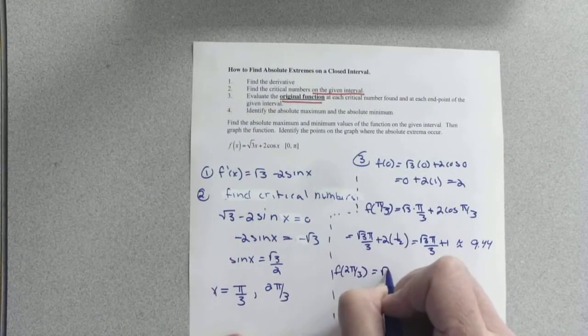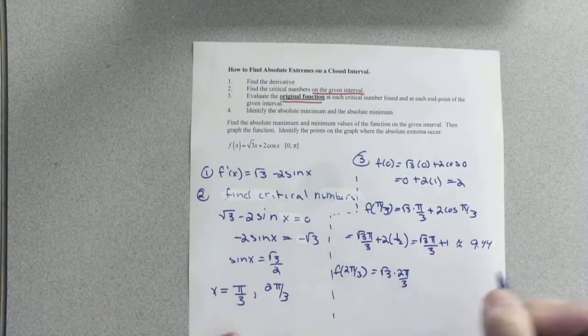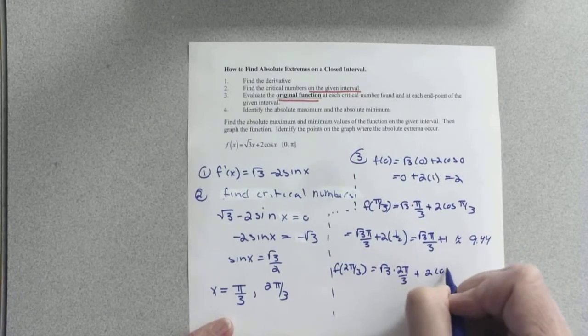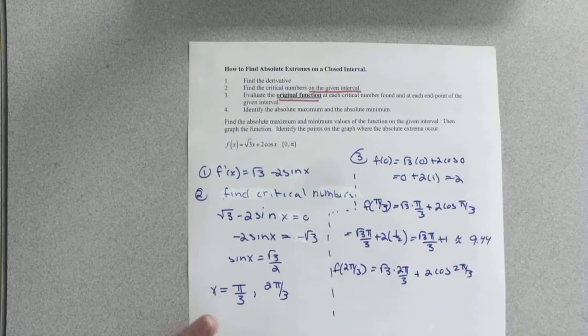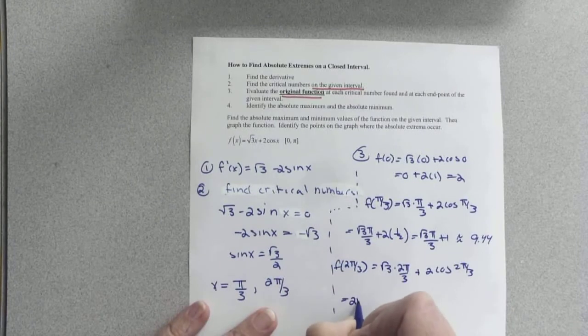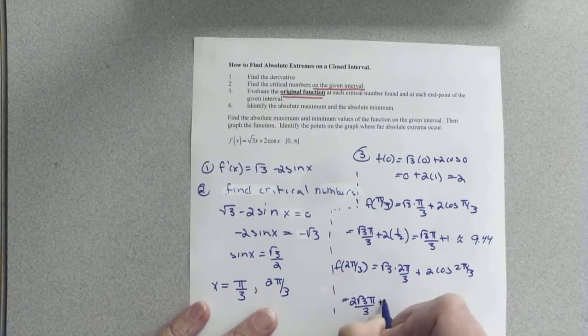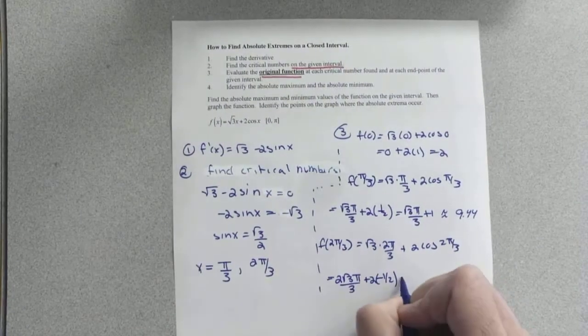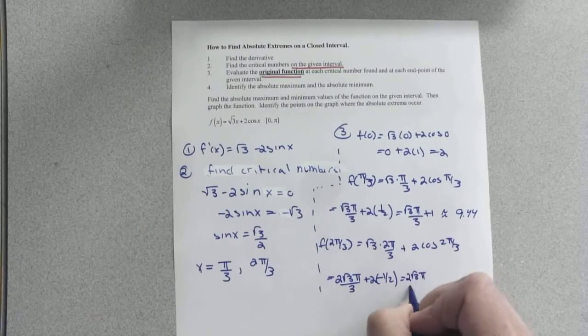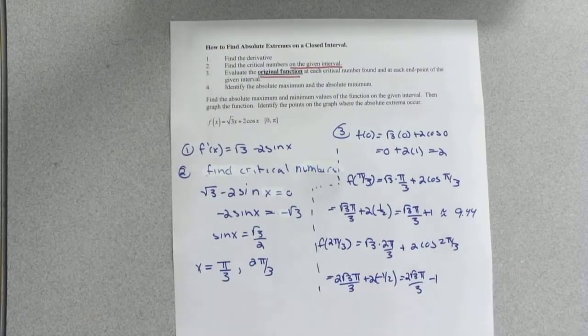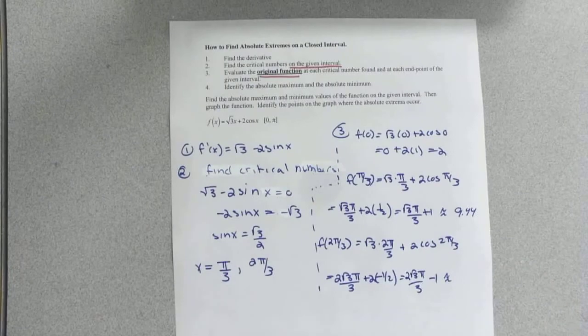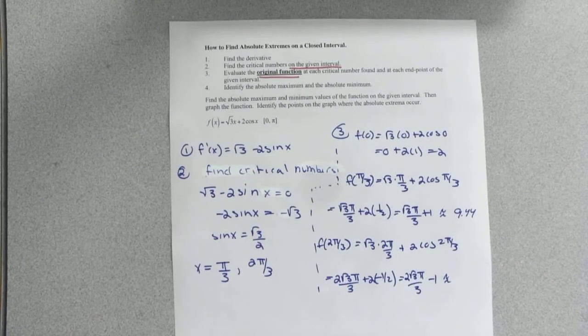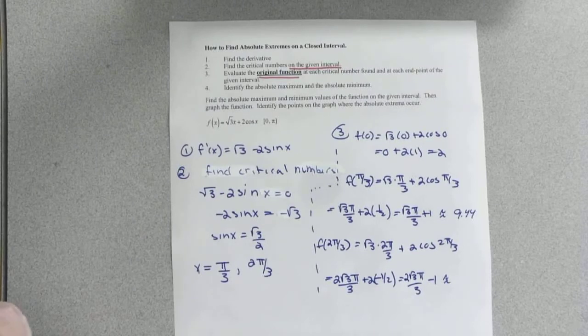f of 2 pi over 3. So that's going to be square root of 3 times 2 pi over 3 plus 2 times cosine of 2 pi over 3. And that's going to be 2 square root of 3 pi over 3 plus 2 times negative 1/2, or 2 square root of 3 pi over 3 minus 1, which is approximately equal to... oh, my first answer is wrong. I just saw that I typed it wrong. I hit a wrong decimal.